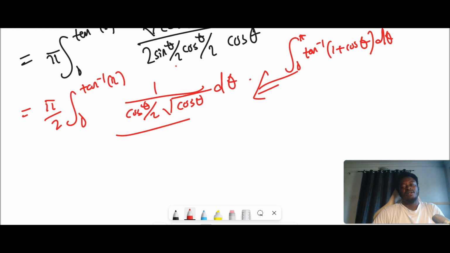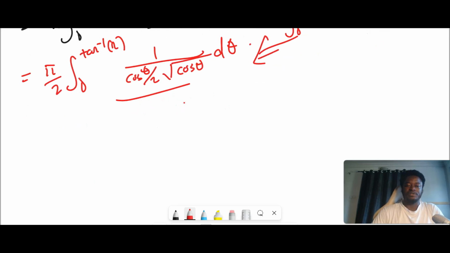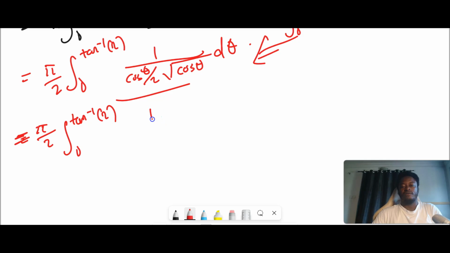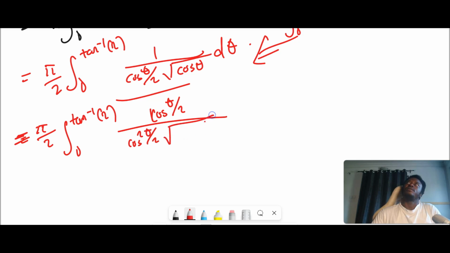Obviously, the first thing is to get rid of this square root. So let's approach it. Let's get this to be equal to pi over 2 times the integral from 0 to tan inverse of 2. Then instead of 1, at the first step, you have a cosine of theta over 2, and then a cosine squared of theta over 2. Now recall the double angle formula.